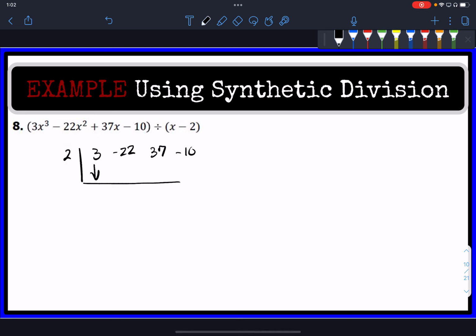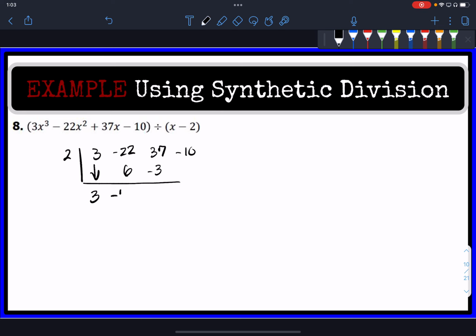And the procedure is real simple. Bring down the 3, multiply, and then add. Since the number is a negative and a positive, the rule again for adding a negative and a positive is to subtract the numbers. So 14. Sorry, I had a brain fart there. That's negative 16.